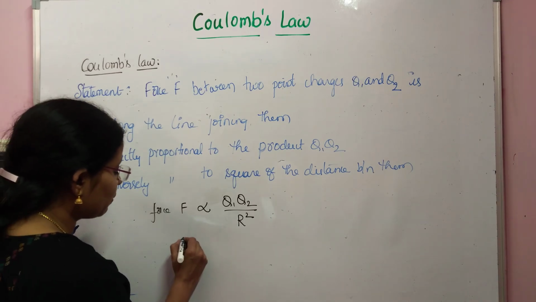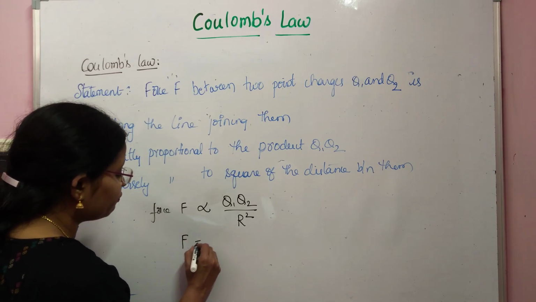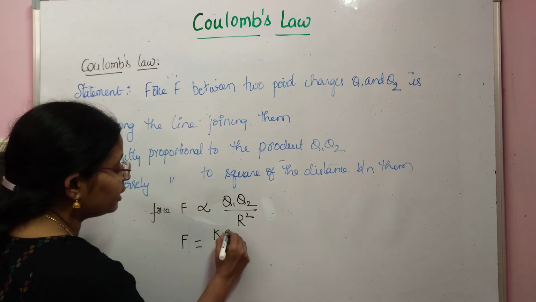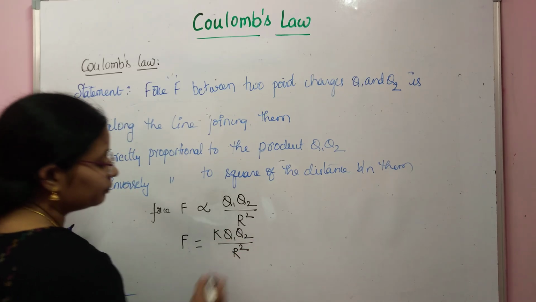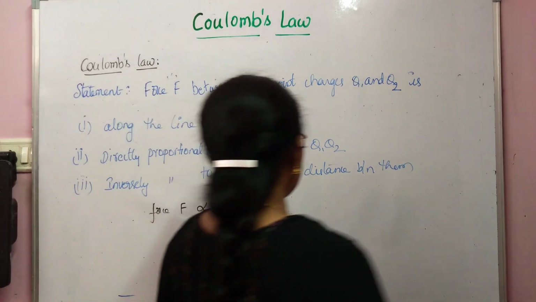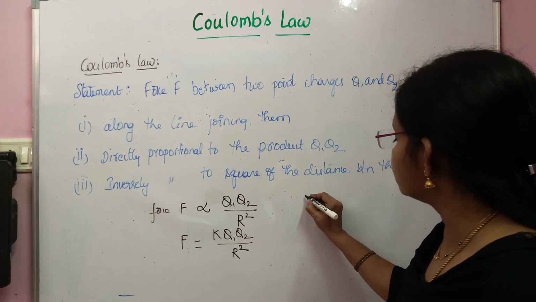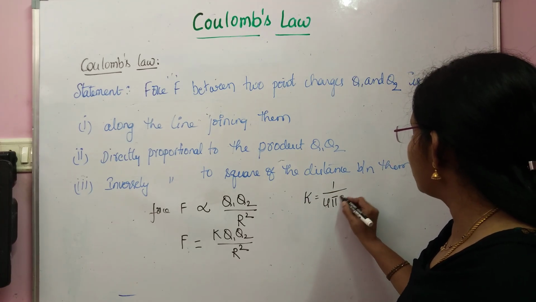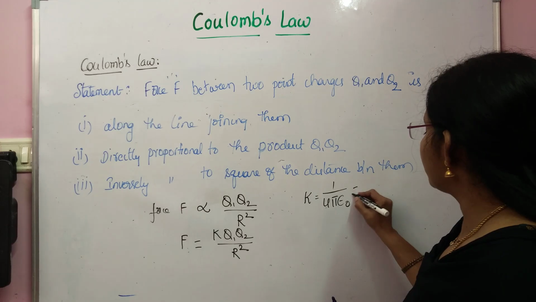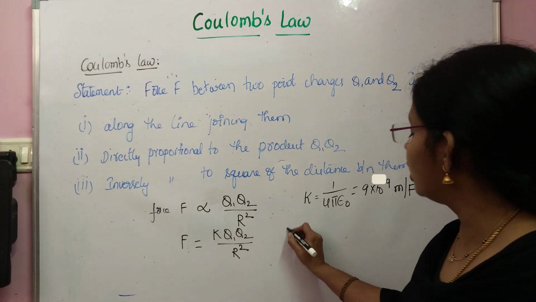If you remove the proportionality sign, you can write F is equal to K into Q1 Q2 by R square. What is K? K is a proportionality constant, and K is equal to 1 by 4 pi epsilon naught.